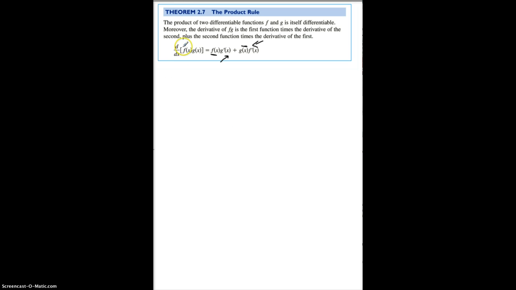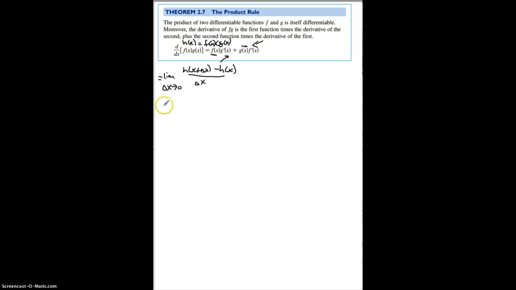All right. If I were to take d/dx of f of x, g of x, that is the limit as delta x goes to 0 of, let's see, my function in this case, h of x, is f of x, g of x. Okay, so it's going to be the limit of h of x plus delta x minus h of x divided by delta x.